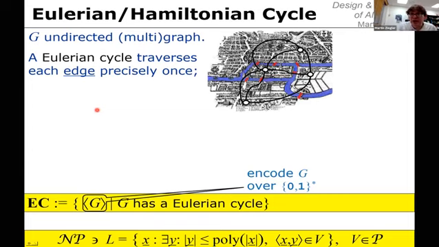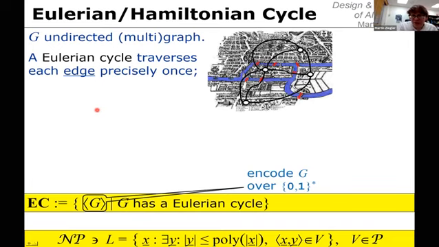The entries in the matrix tell us whether there is, and actually how many, edges there are between the vertices in the row and in the column of the entry of the matrix. And then just enumerate all the entries in the matrix in binary. That's one way of encoding a graph as a finite binary string.